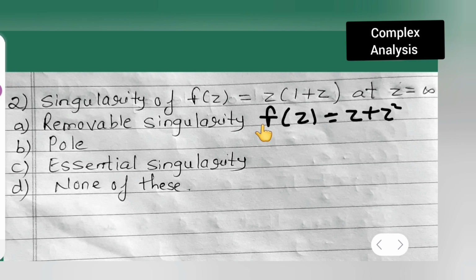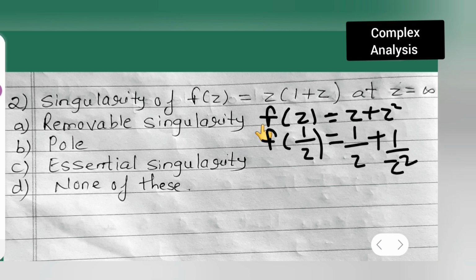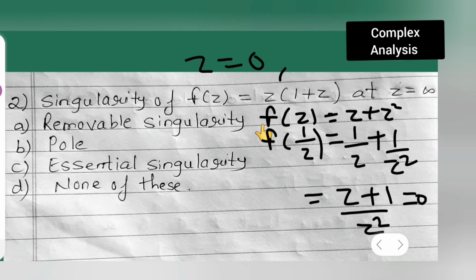So f of 1 upon z is equal to 1 upon z plus 1 upon z square. So this is nothing but z plus 1 upon z square, okay? So this is what, so you all are going to get z is equal to 0, 0, right?